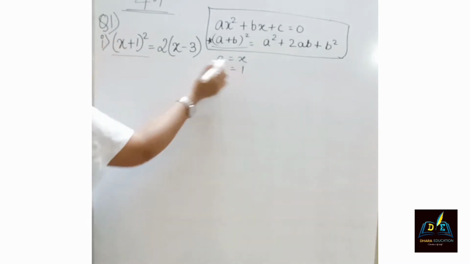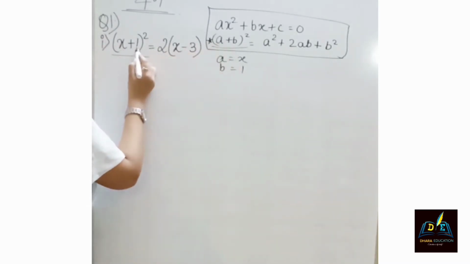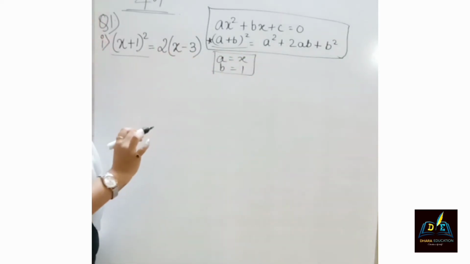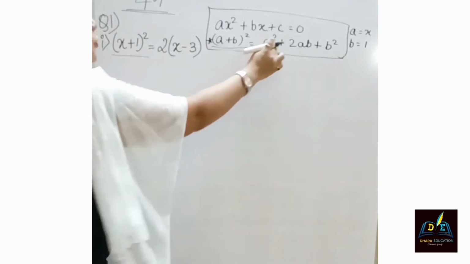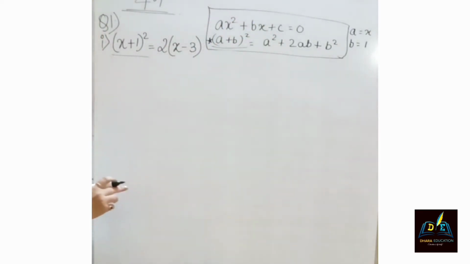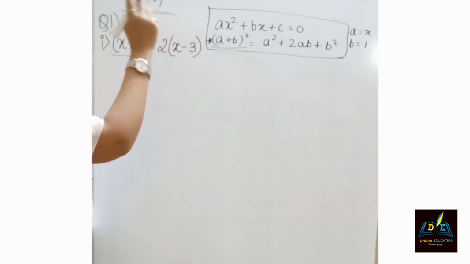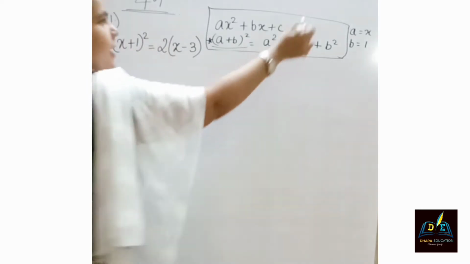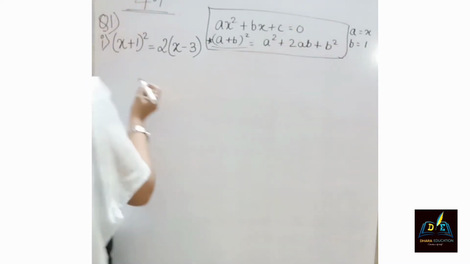So a is equal to x and b is equal to 1. Keep this in your mind. Here we need to implement the term a square plus 2ab plus b square, where a is equal to x and b is equal to 1.